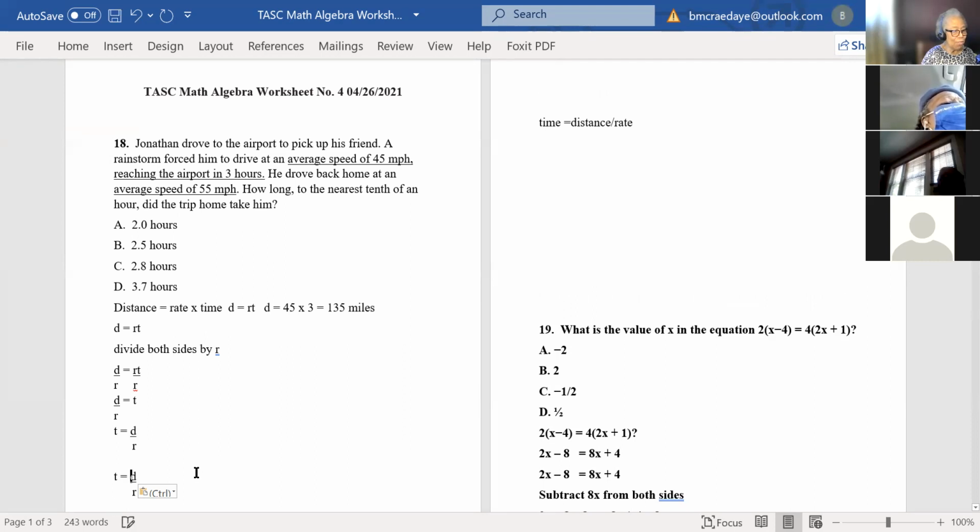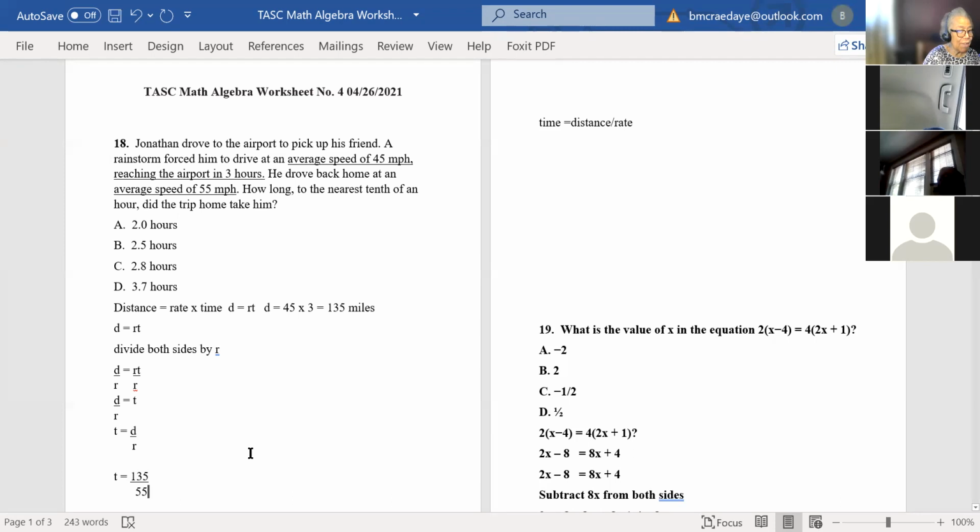So that would be 135. Okay, that's the distance. And that's divided by the rate going home. What would be the R here? What's the rate going back home from the airport? 55. That's right, 55. Very good.